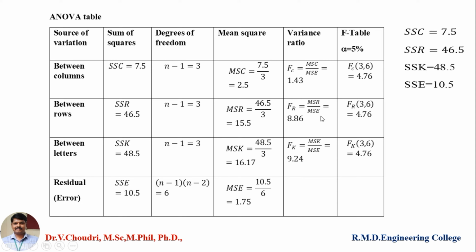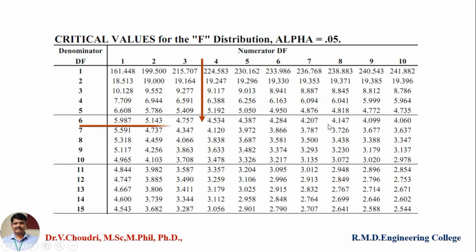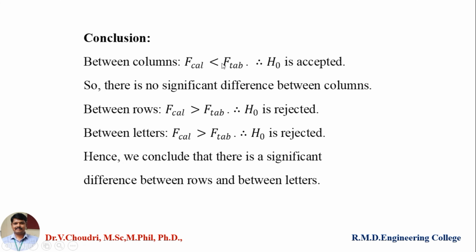This value is greater than the table value, so we reject H0; there is a significant difference. Also 9.24 is greater than 4.76, so here also we reject H0. So we can accept H0 only between columns. Between rows and between treatments, H0 is rejected. Hence we conclude that there is a significant difference between rows and treatments.